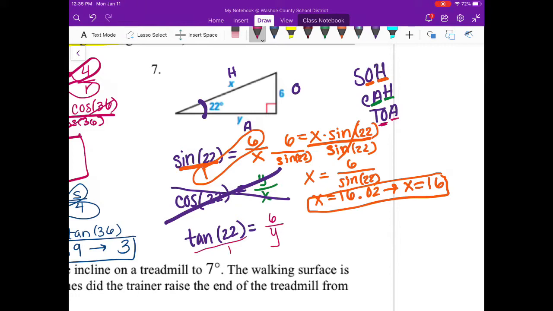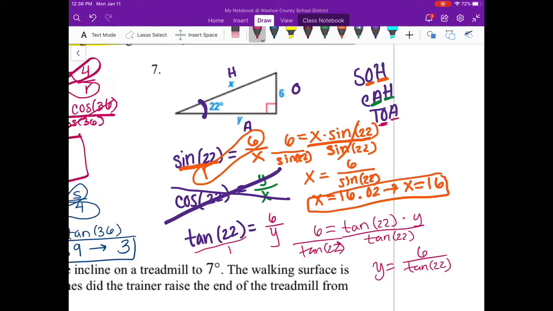So for tangent, again, that's over 1. So when I cross multiply, I get 6 equals tangent of 22 times y. You can put the y here or in the front. Then we're going to divide both sides by tangent of 22. And you are entering 6 divided by tangent of 22 into your calculator.